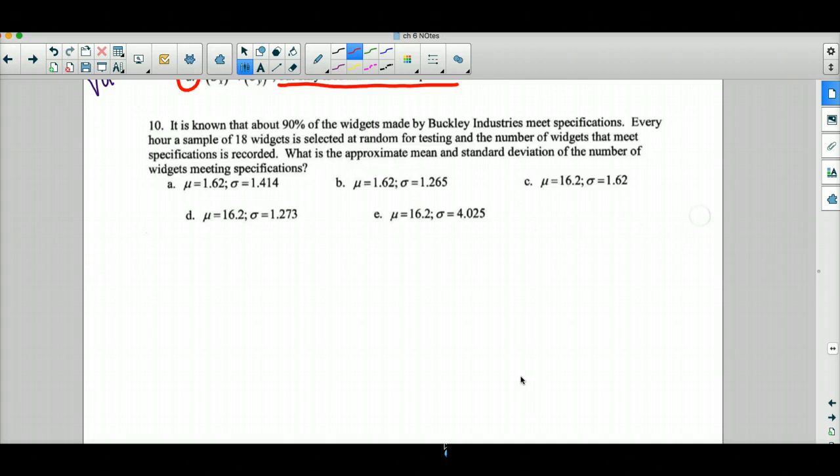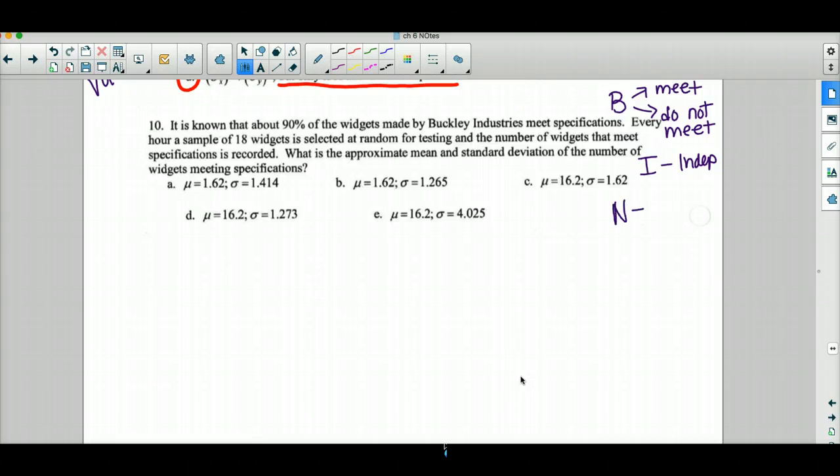So this is binomial. Let's talk about why it's binomial. You have 2 options. You either meet or you do not meet, correct? Each widget is known to be independent. That makes sense that one widget does not affect another widget. If one passes, it doesn't mean another one's going to pass or fail.